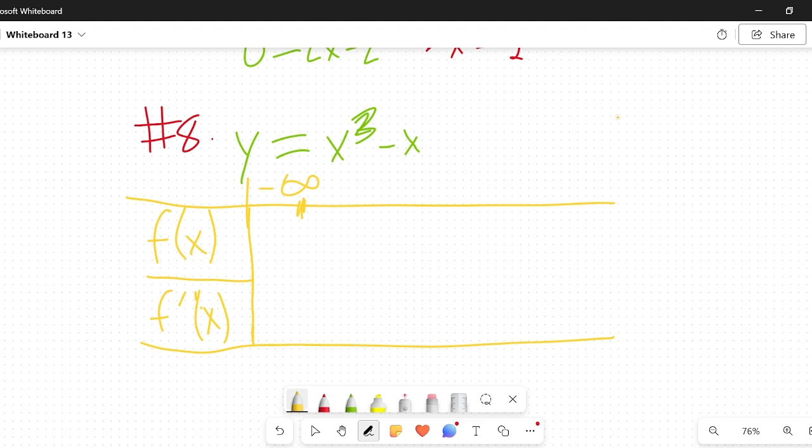I won't make you do this derivation right now, but it should be pretty easy to find what these values will be. So we'll have negative infinity, negative 1, 0, 1, and then infinity.